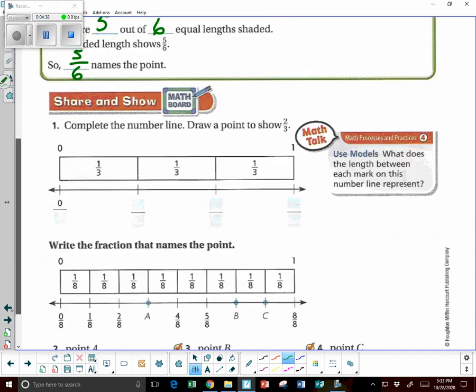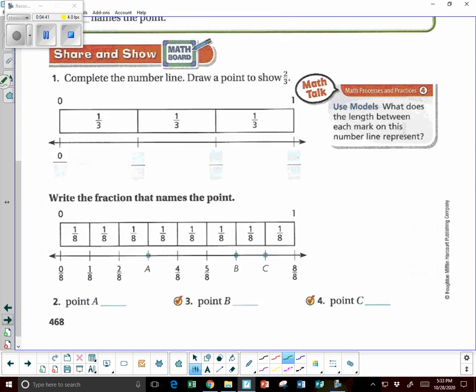Okay? We're going to do a share and show. Complete the number line. Draw a point to show 2/3. But first off, we have 0. How many parts is this broken up into from 0 to 1? How many parts? 1, 2, 3. 3 equal parts.